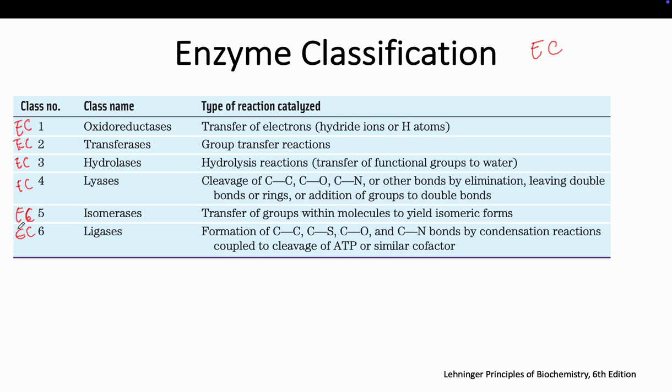So the class 1, that is EC1, is the oxidoreductase class. So what type of reaction do they catalyze? They catalyze transfer of electrons, or they could also transfer hydride ions or hydrogen atoms, okay. The first is very easy.